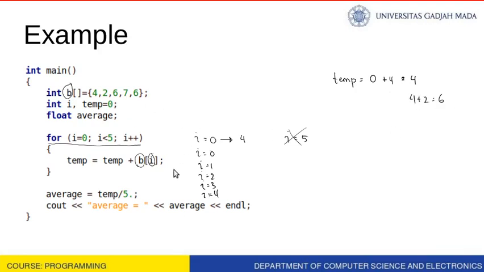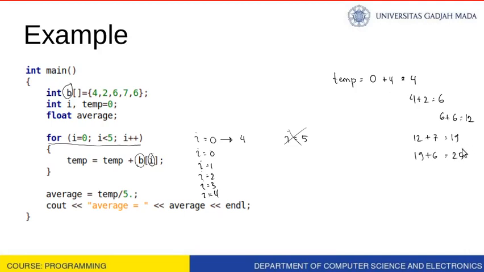And then it is added with the next value, B2, 12, and then 12 added with 7, 19, and then 19 added with 6, 25.